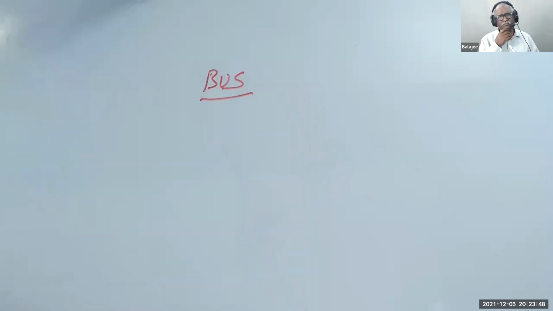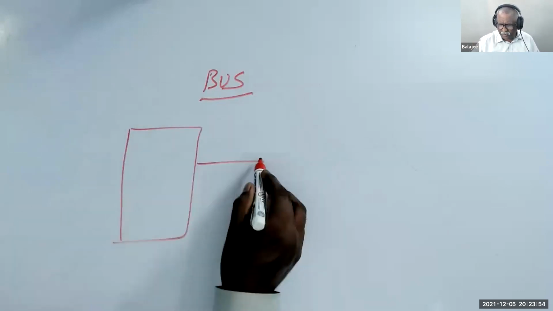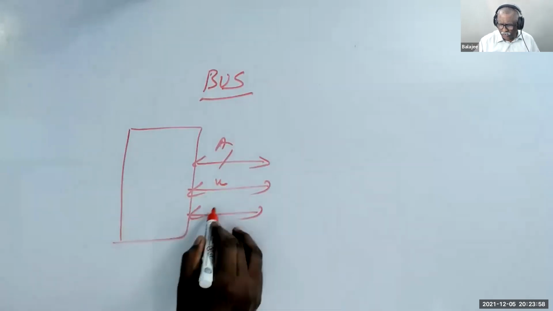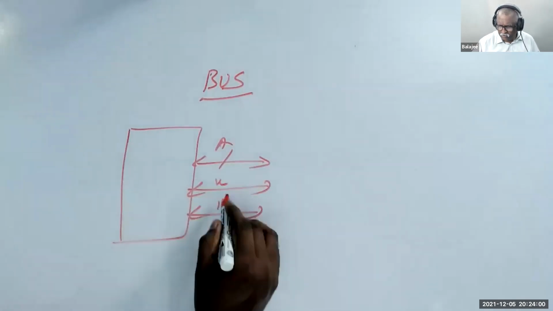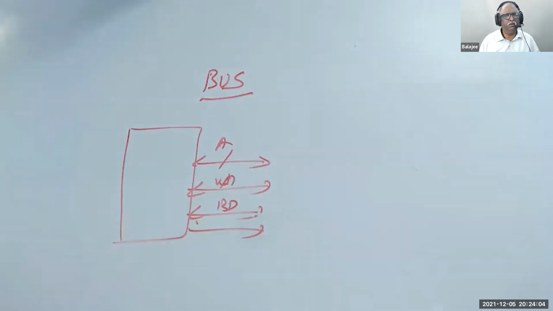Now, the next one is called bus. What is a bus? A bus is a common set of wires: address, write, read, data, all those things. Understood? Now, when you have a bus, who is going to be the master of the bus?